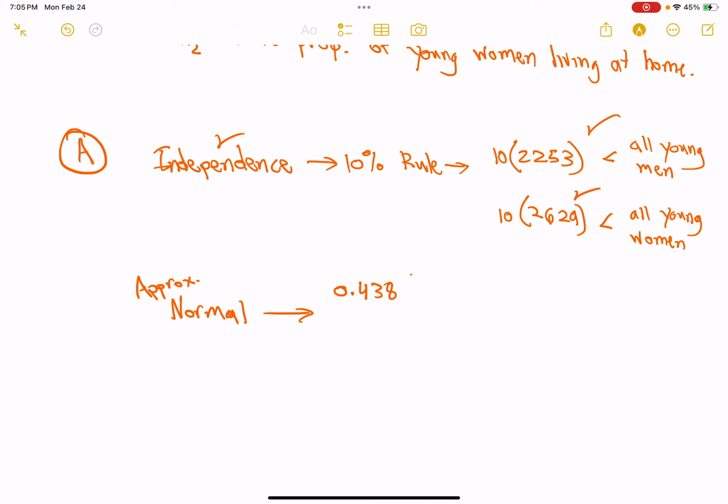So you'll do P hat 1 times 2253, right? And then you'll do 1 minus P hat 1 times 2253. And the assessment here is that both of those should be greater than or equal to 10. You'll notice I put that comma between them.